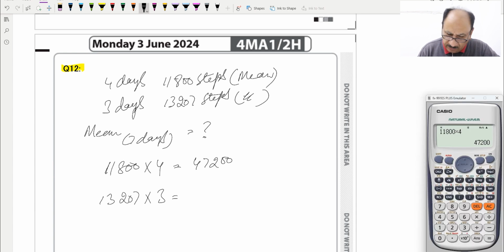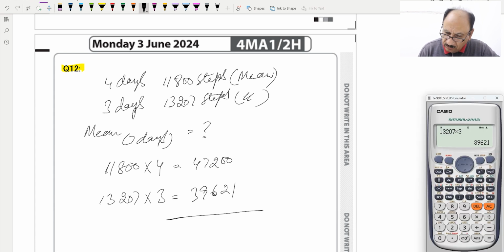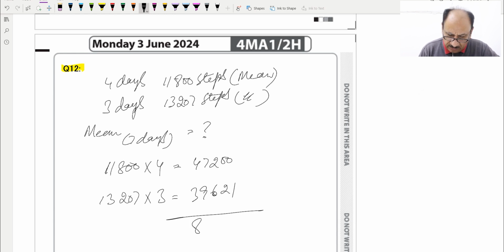And if we multiply the lower one, 13207 multiplied by 3 is equal to 39621, and then we have to add these two numbers for 7 days, and if we add this one plus 47200, this will be giving us 86821. This is by adding we got this.